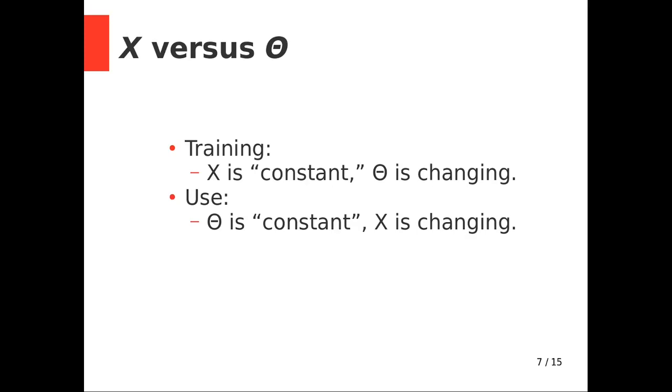So during training, x, which is the set of inputs, are constant in wiggle quotes, and we're going to be changing theta. While the network is being used, we can kind of usually think of theta as constant in wiggle quotes, and x, the input, is the thing that's going to be changing. So here's what I mean by that.